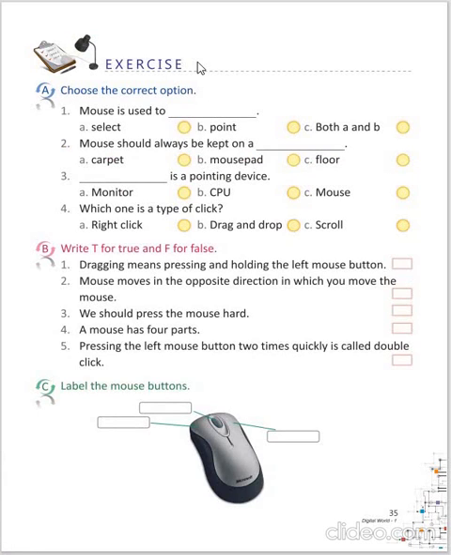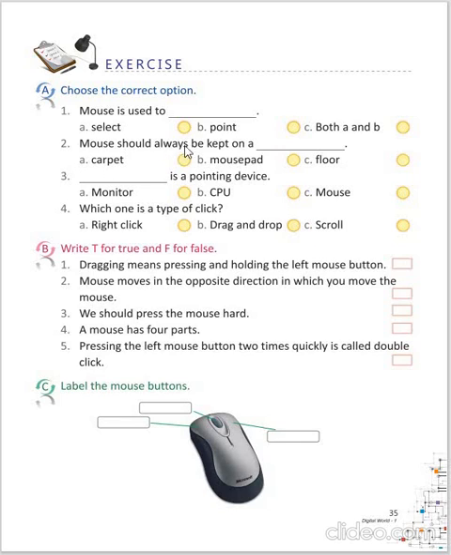Now come to the exercise. Here come to A. You have to choose the correct option. Mouse is used to select and point.